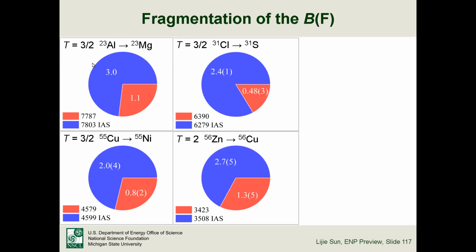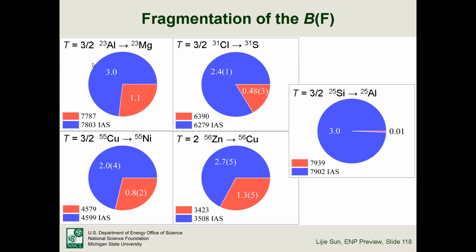So how about the silicon-25 observed in our experiment? We can show that one here. We can see the sum of the Fermi transition strength fulfills the sum rule of Fermi strength equals 3, suggesting that the Fermi strength is merely concentrated on the IAS.